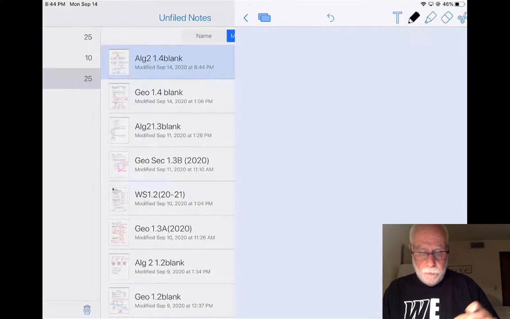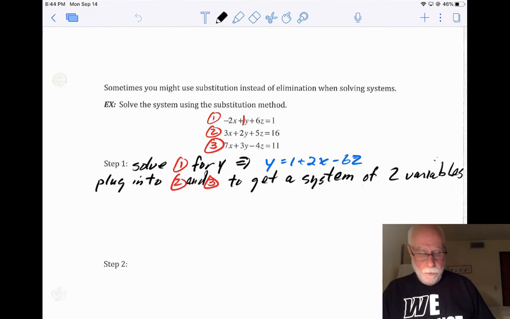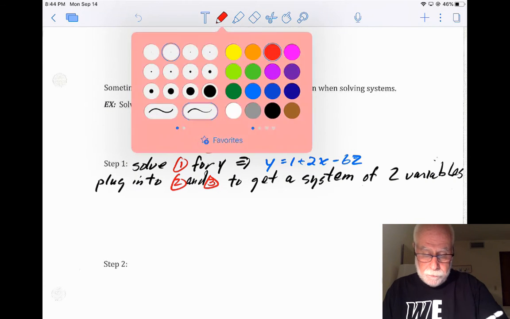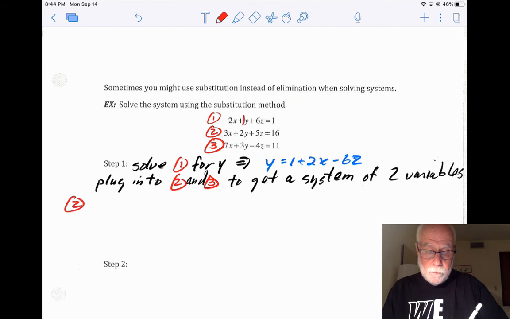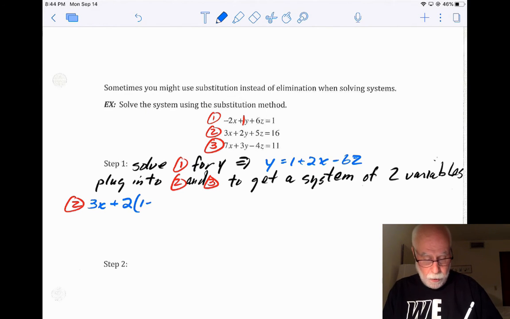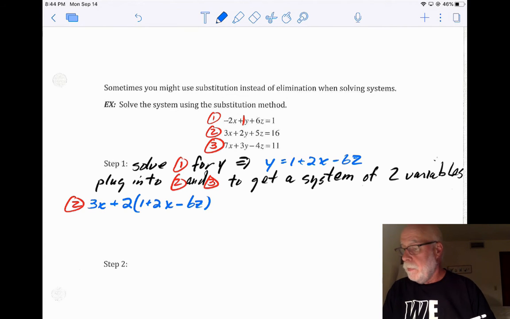Excuse me there. So if I go with 2 first, I have 3x, then plus 2. My y now is 1 plus 2x minus 6z, plus 5z is equal to 16.